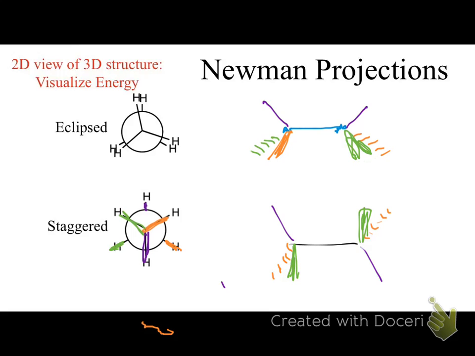That extra space lowers the energy of the overall structure. If the energy changes, we have a different reactivity. So we need to be aware of that different representation of the structure, because that can start to reveal different possible reactions. And that's ultimately what Newman projections are all about.